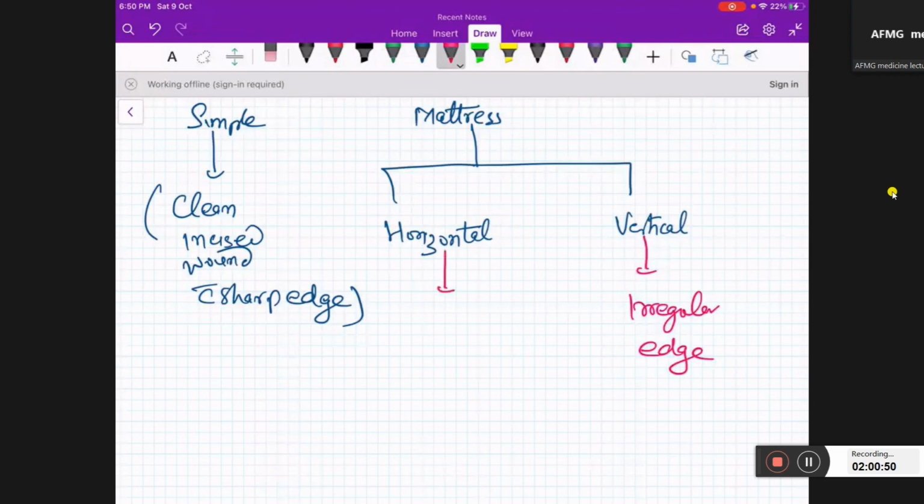A horizontal mattress suture is applied when there are edematous edges. Okay. Now let's understand what simple is and what mattress is.